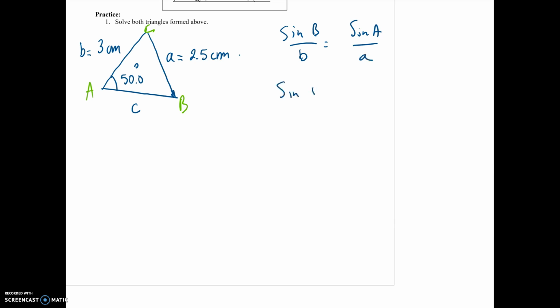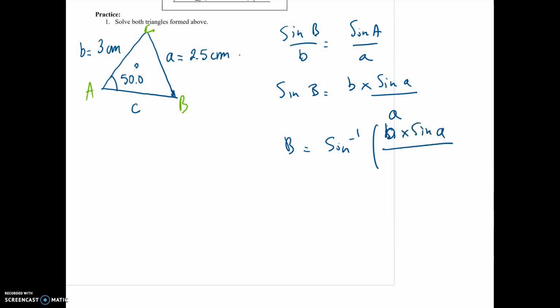Therefore, sine B equals b multiplied by sine A divided by a. I multiply by b both sides to end up with that. And therefore, B is equal to the sine inverse of b multiplied by sine A divided by a. And actually, this is the angle A.